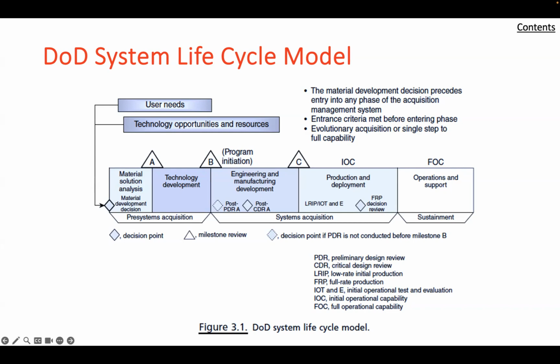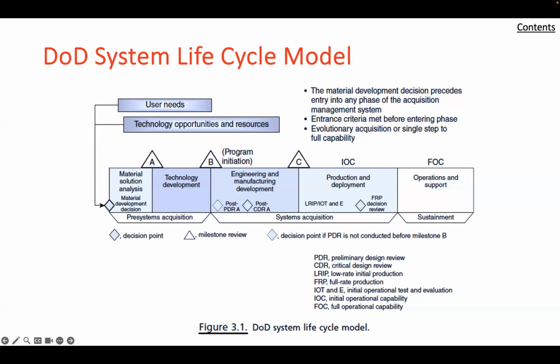The major reviews are referred to as milestones and are given letter designations A, B, and C. Each of these 3 major milestones is defined with respect to entry and exit conditions. For example, at milestone A, a requirement document needs to be approved by a military oversight program committee before a program will be allowed to transition to the next phase.